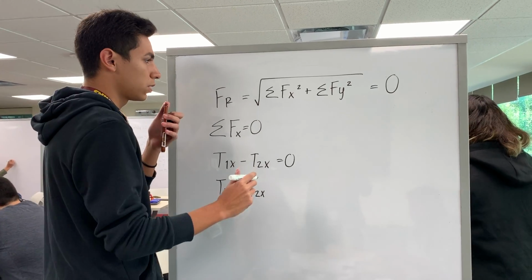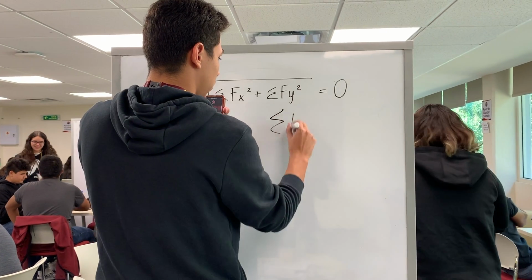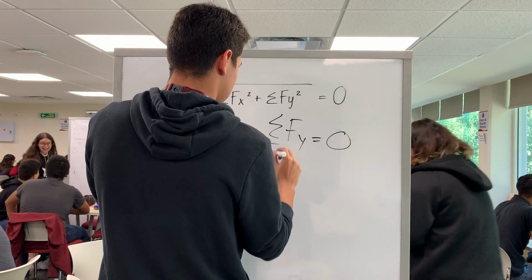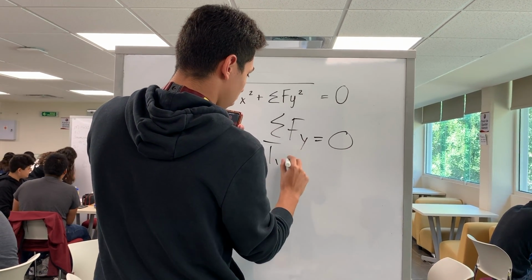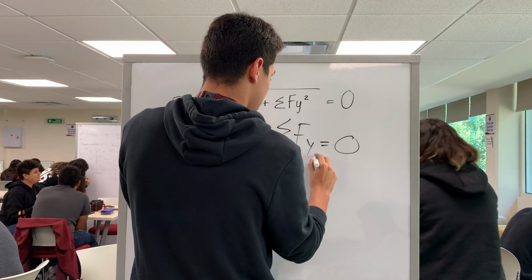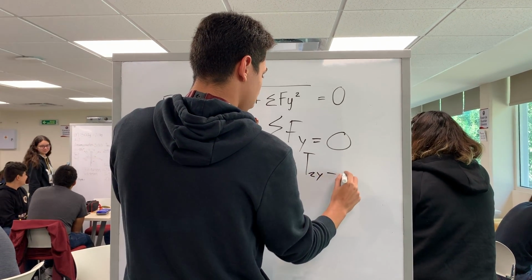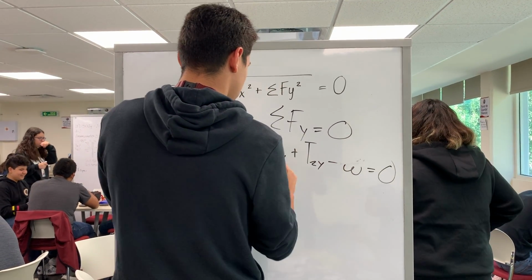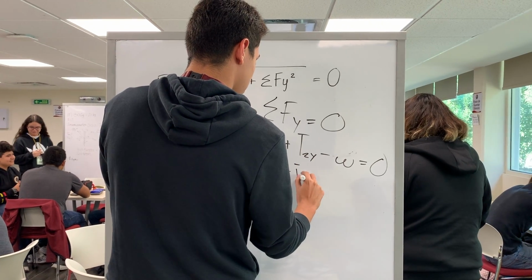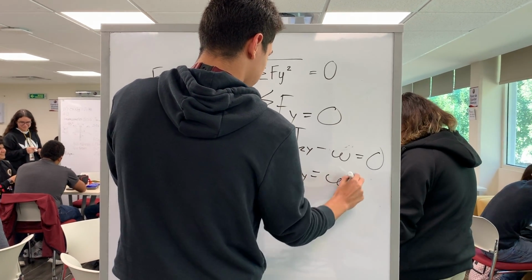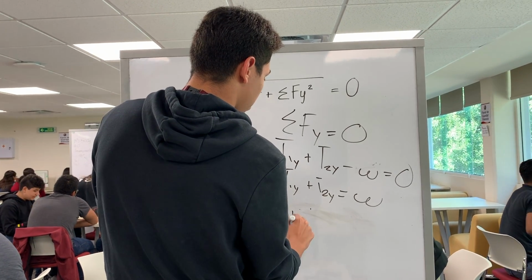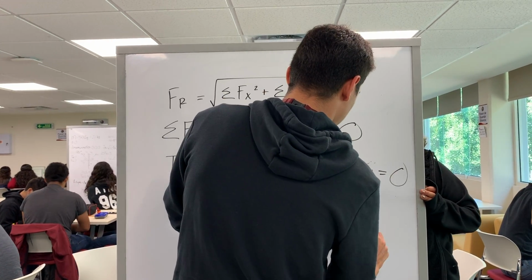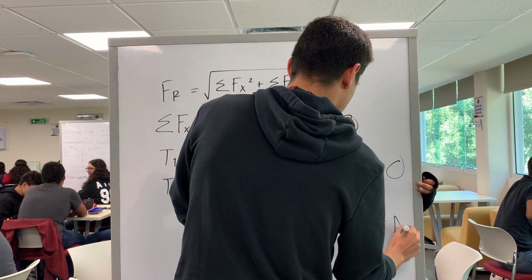To get the result, first we have to get the summation of all the forces in y equal to 0. The first one is tension 1 in y plus tension 2 in y minus weight equal to 0. So tension 1 in y plus tension 2 in y is equal to weight, which is 2.94 newtons.